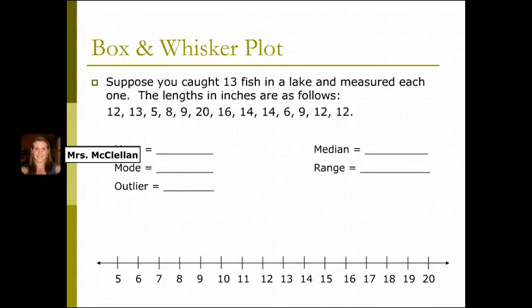Suppose you caught 13 fish in a lake and measured each one. The lengths in inches are as follows. Okay, so they gave us this set of data, and we need to organize this data from least to greatest.